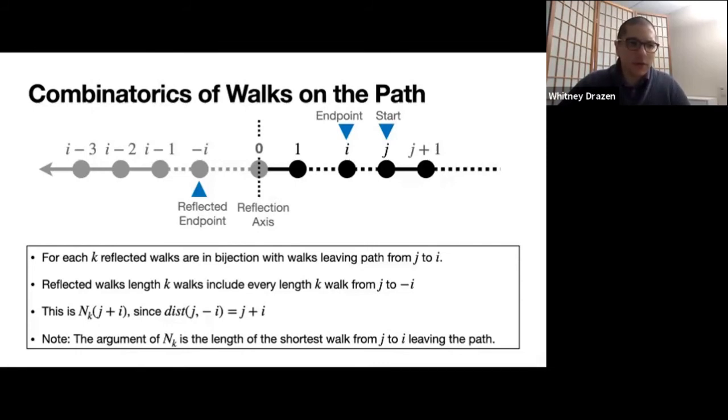So we can think of this number of walks from j to negative i as n_k,j+i. Recall that means the number of ways we can have a path of length k that moves j plus i spaces from its starting point.